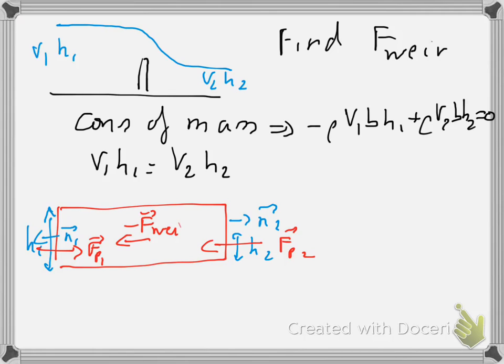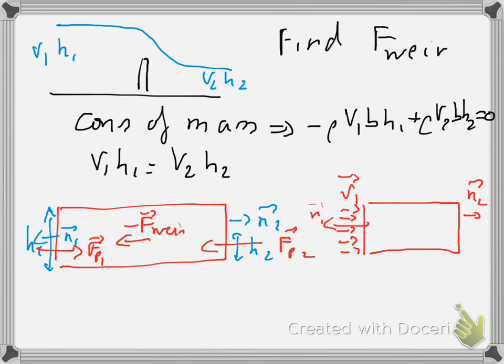That's the force I'm looking for. Also, in terms of inertia, I have velocity coming in, V1, which is opposite to N1, the normal to the control volume. N2 is the normal of the control volume at the outlet, and I have velocity V2.